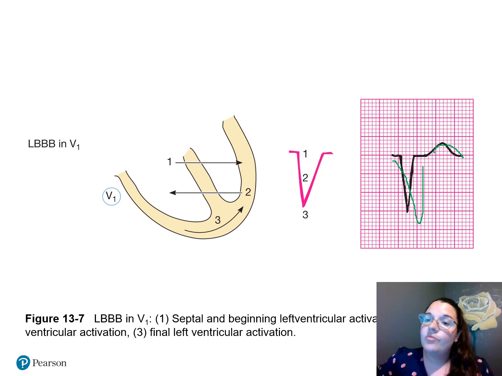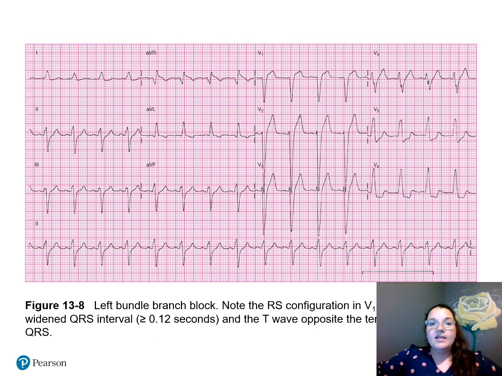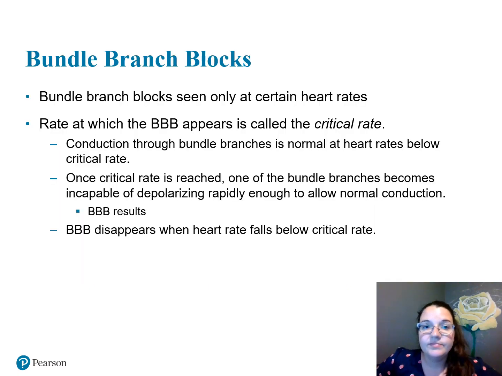T wave will be opposite. So again, V1, you can see we do not have an R, and my T wave is opposite. This would be a left bundle branch block.